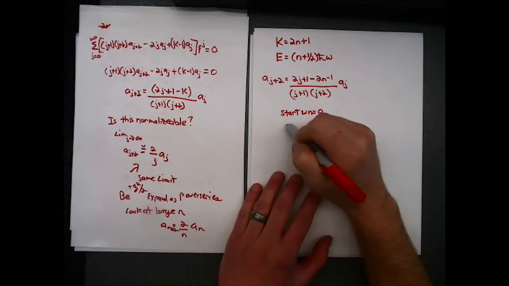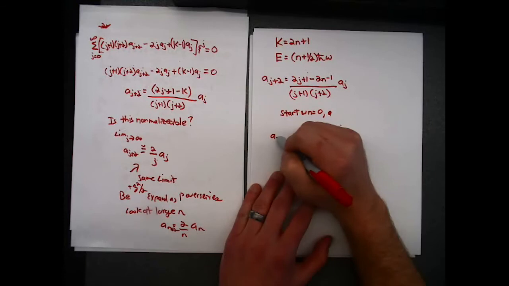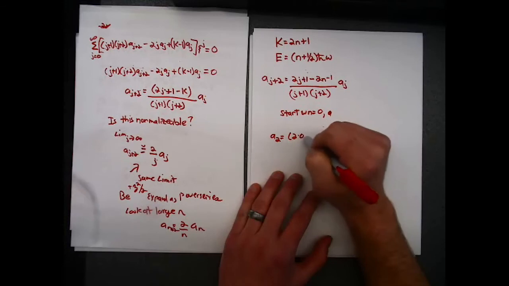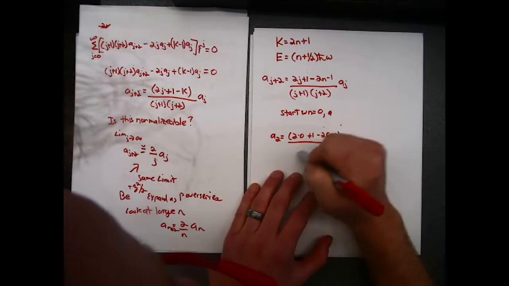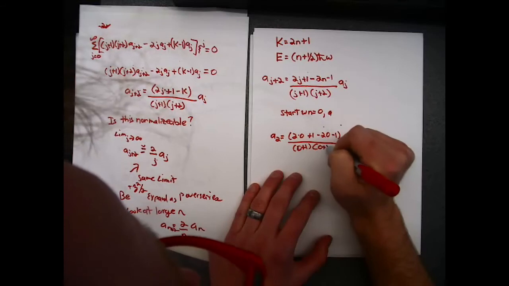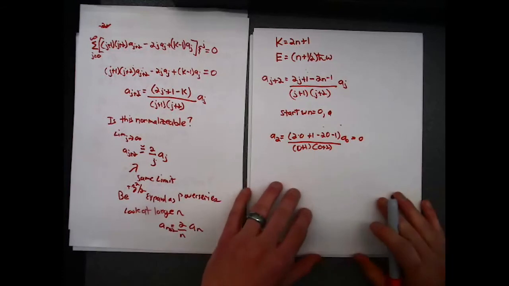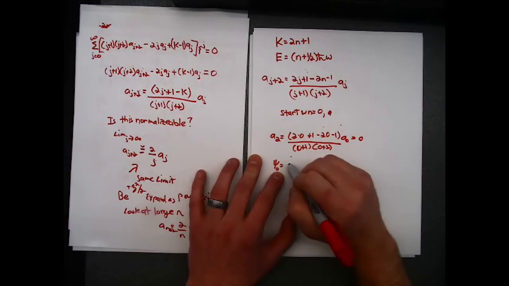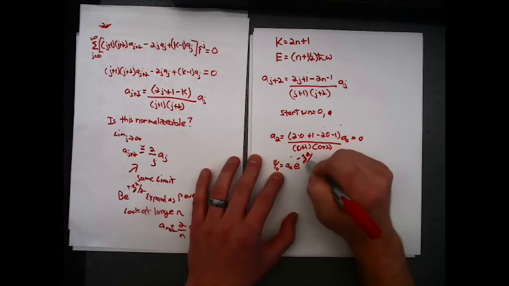If n equals 0, then a2 is equal to 2 times 0 plus 1 minus 2 times 0 minus 1 over 0 plus 1, 0 plus 2 times a naught, which is equal to 0. So a2 is equal to 0, and psi naught is equal to a naught e to the minus c squared over 2.